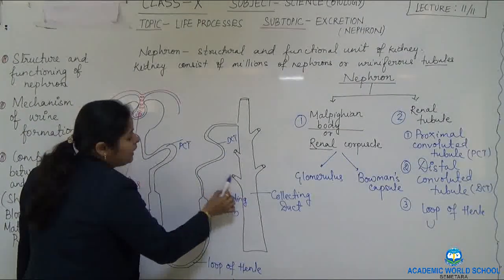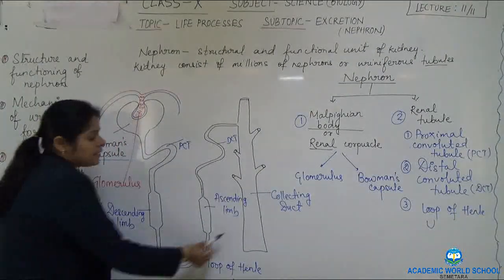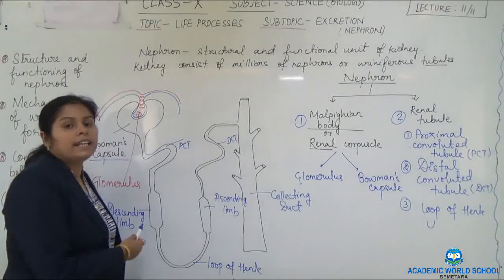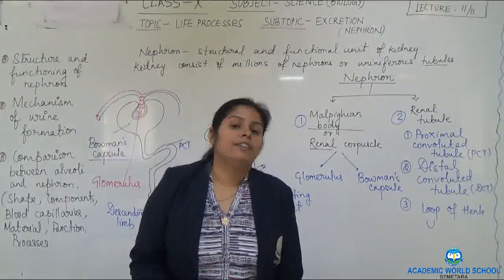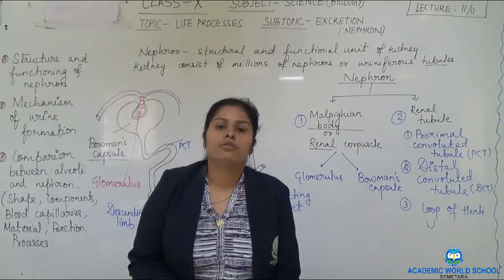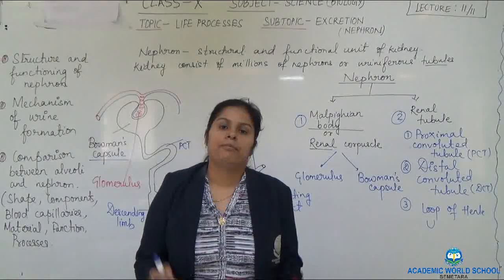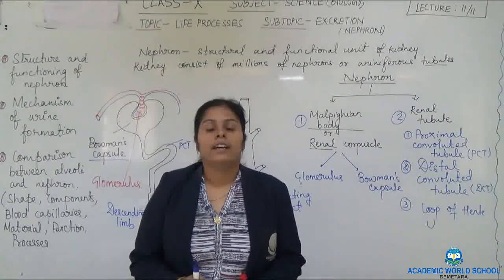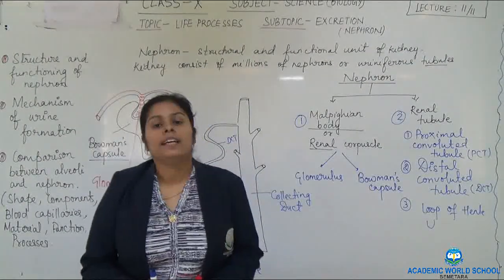Likewise, there are many nephrons connecting with this collecting duct, and this collecting duct will ultimately lead to the ureter. We have read in the previous class that there are a pair of kidneys, and from the pair of kidneys arise two tube-like structures called ureters, which join a pouch or sac-like structure called the urinary bladder, from where the urine is released out through the opening, the urethra.